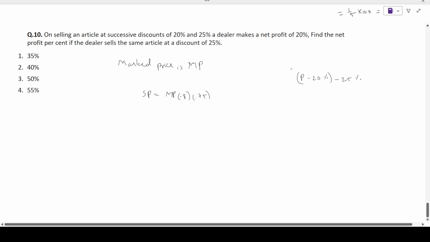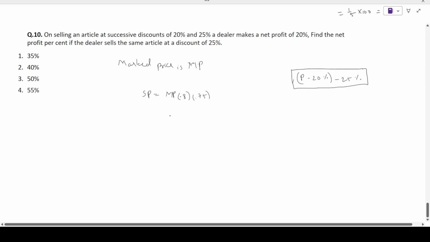This is what it means, giving successive discounts. So here we have selling price, from marked price, it is 0.8 into 0.75.